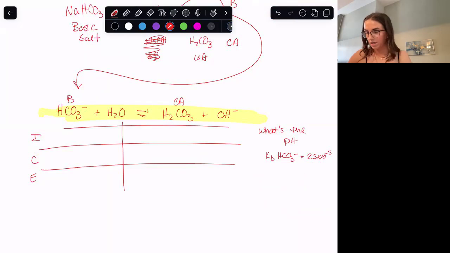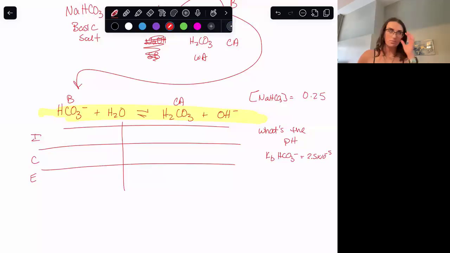I didn't tell you what the concentration is, so we'll say the concentration of NaHCO3 is, we'll just do 0.25.